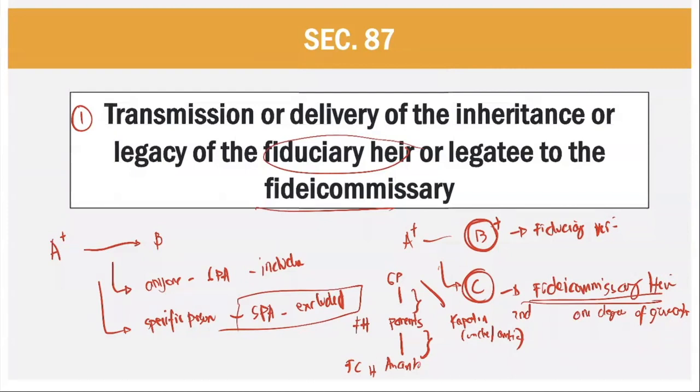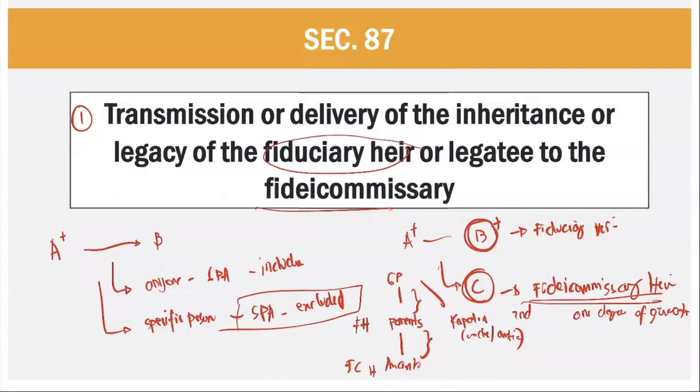So ikaw naman ay pamangkin. So in a pamangkin, what is the degree? The degree is go first to the common predecessor. The common predecessor is the grandparent. So kapatid or uncle or auntie to grandparent, 1 degree. Going to grandparent to parents, 2 degree. And then parents to anak is 3rd degree. So 3 degrees yan. Ganun.